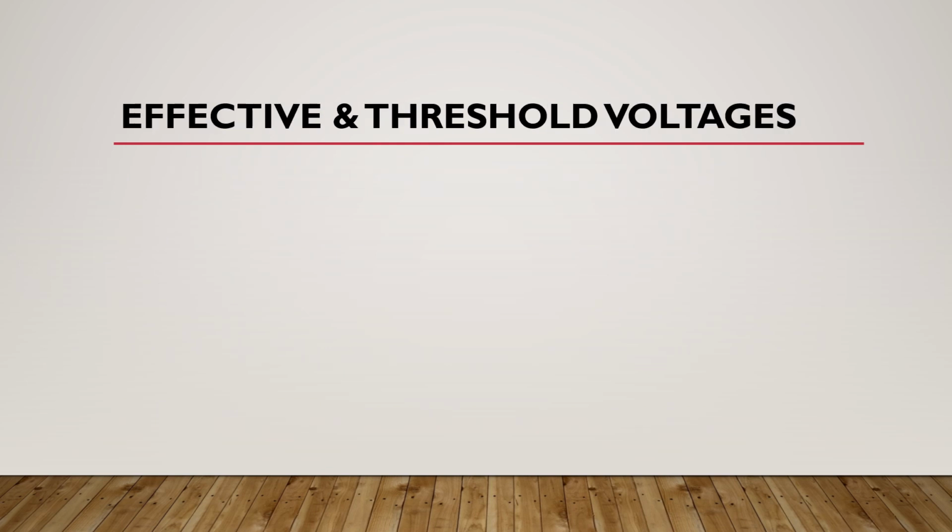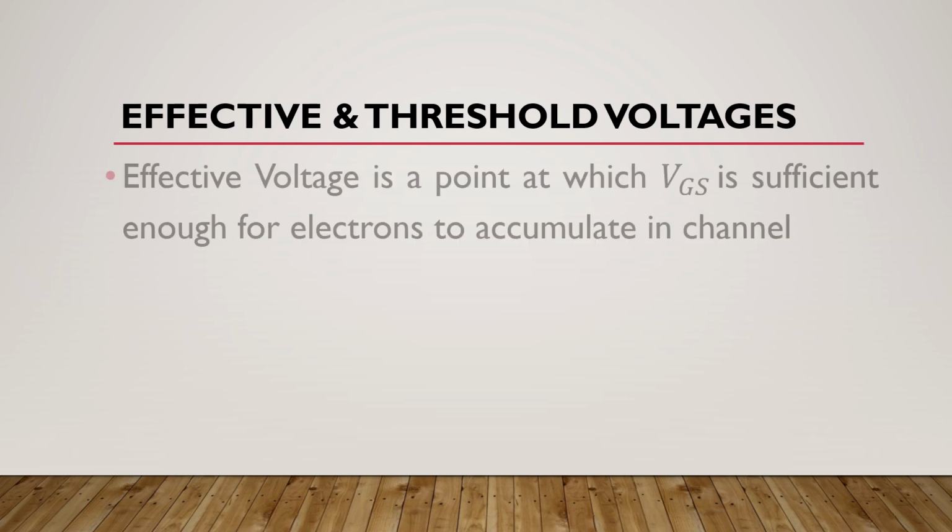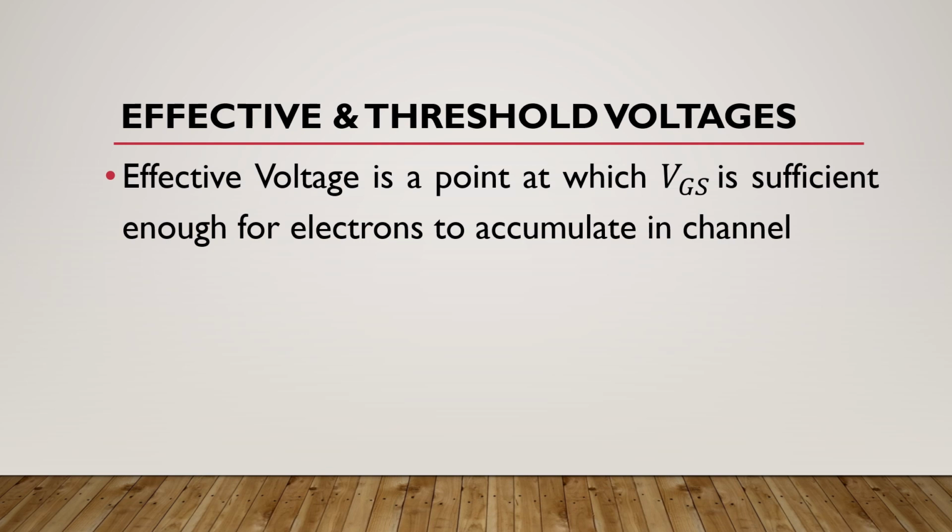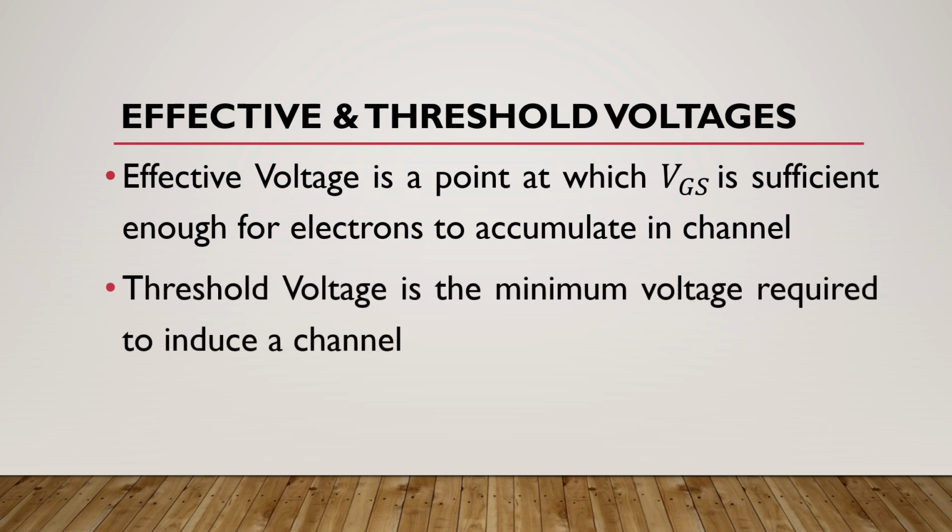Now we will talk about effective and threshold voltages. Effective voltage is a point at which the value of gate to source voltage is sufficient for a number of electrons to accumulate in the region under the gate, called the channel. Threshold voltage is the minimum voltage required to induce a channel.